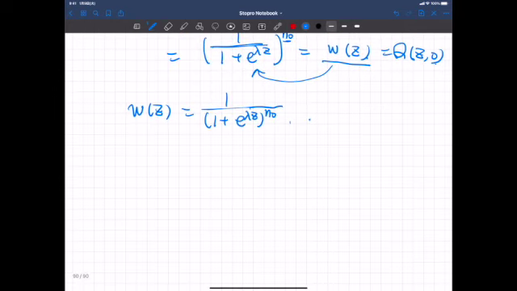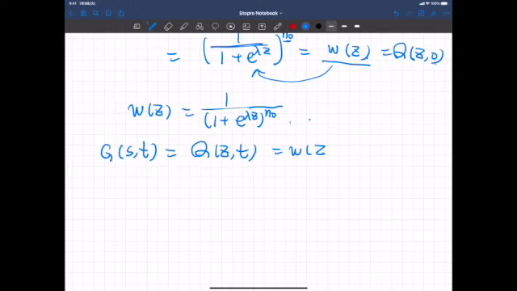Then the generating function g of s, t is equal to q of z, t, which is w of z plus t. Now the w is this, so we just replace this z with z plus t. That should be equal to 1 over 1 plus e to the power of lambda z plus t, to the power of n0.